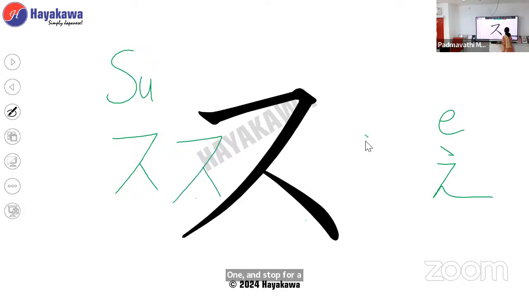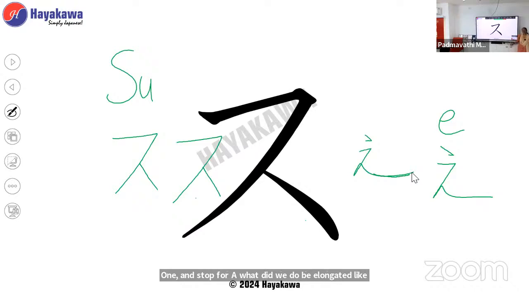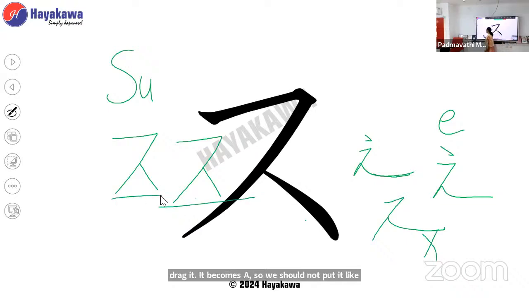For A, what did we do? We elongated like this. This drag will be there for A. But for su, we will not drag. We must be careful. If you drag it, it becomes A. So we should not put it like that. You should stop it like this.